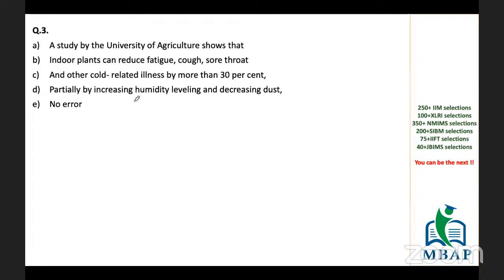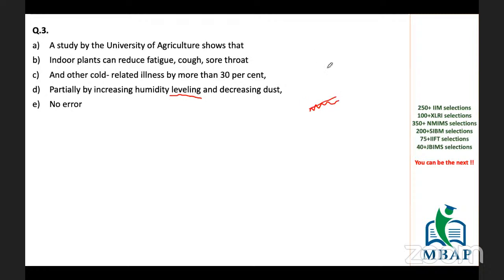In D, it is not basically grammar, but the usage of a word, that is leveling. We are talking about the level. Leveling and level are two entirely different words. Humidity level is the measuring criteria of humidity, whereas leveling is when I have to level something.